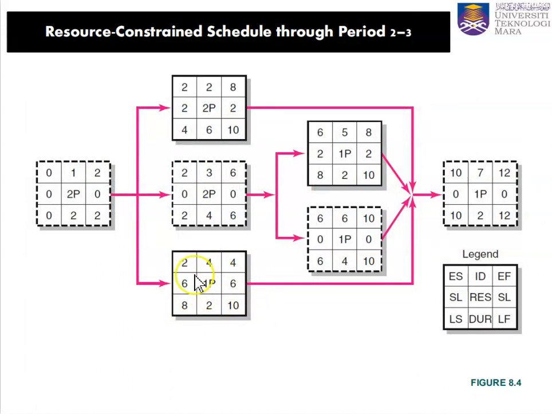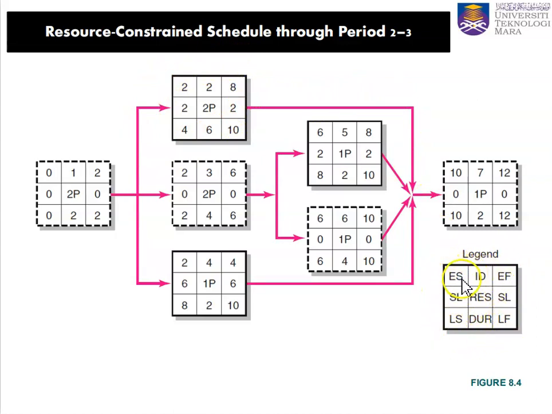Okay, let's see here. We have a network diagram of the activities here. Let us have a look at the legend that we use, the node legend here. If we look at this example, the events and activities are on nodes, not on arrows. So what are the legends that we use on our nodes?